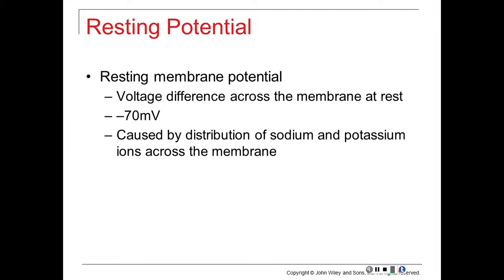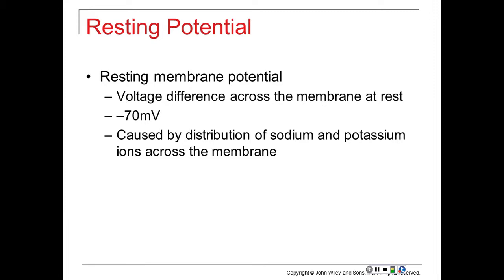So, with that said, the resting membrane potential of a neuron is negative 70 millivolts. That's the measurement of voltage. And the ions that cause this negative 70 distribution are sodium and potassium. Sodium is a relatively small positive ion.